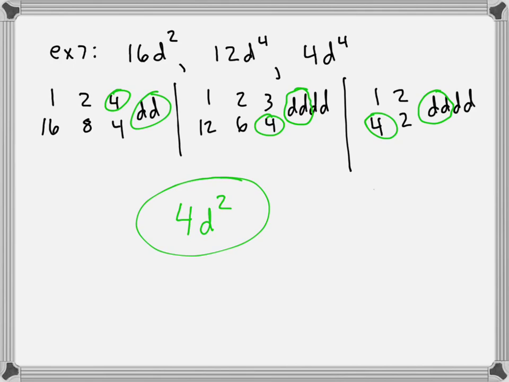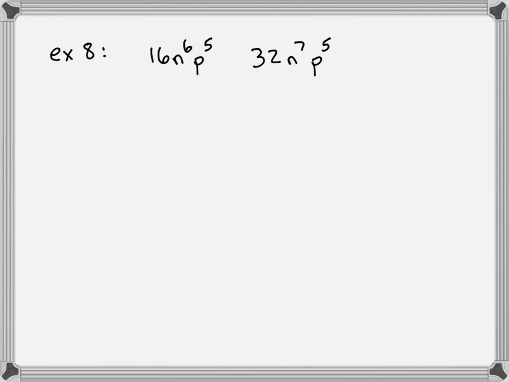Let's look at one last example. Here we have two separate monomials, and we are asked to find the greatest common factor. Well, my factors of 16, I have 1 and 16, 2 and 8, 4 and 4. I have 6 n's, and I have 5 p's.